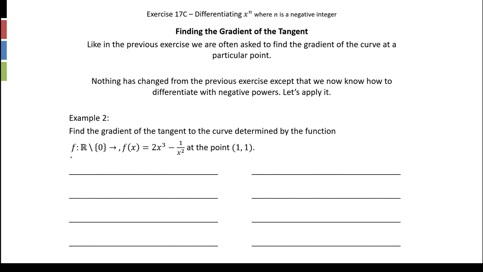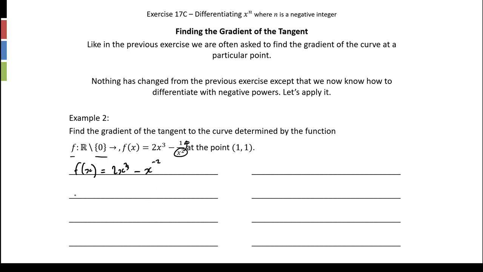Okay, so we have: find the gradient of a tangent to the curve determined by the function, where x is all real values apart from 0, where f of x equals 2x cubed minus 1 on x squared at the point. Okay, so we'll go f of x is equal to 2x cubed, and we're going to move this up here, so minus x to the negative 2.